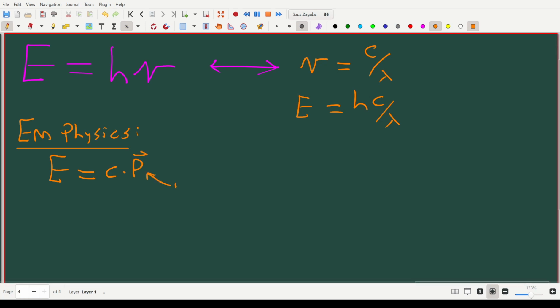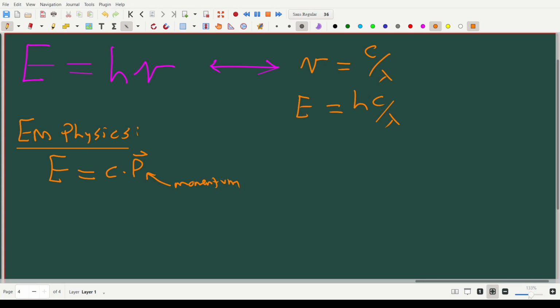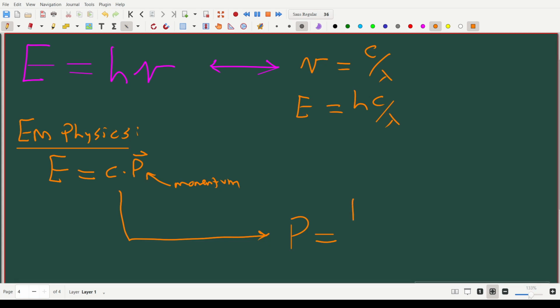This is the momentum of the wavefront. You can think about the wave moving through space at some velocity. It has some momentum. And so when you combine all of these things together, you get that the momentum of any quantum mechanical system is h over its wavelength.